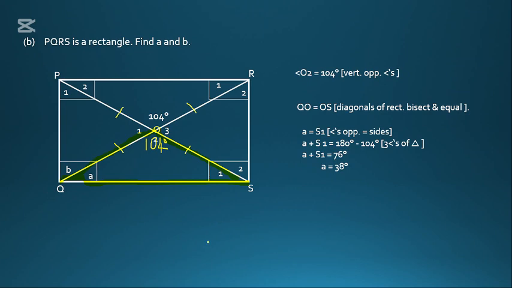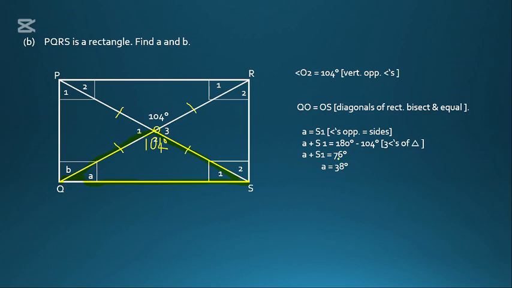So now in the next step you will find the sum of A and S1. Right. So to get that, we say A plus S1 is equal to 180 minus this 104 degrees. Reason, sum of three angles of a triangle, and A plus S1 is equal to 76 degrees.